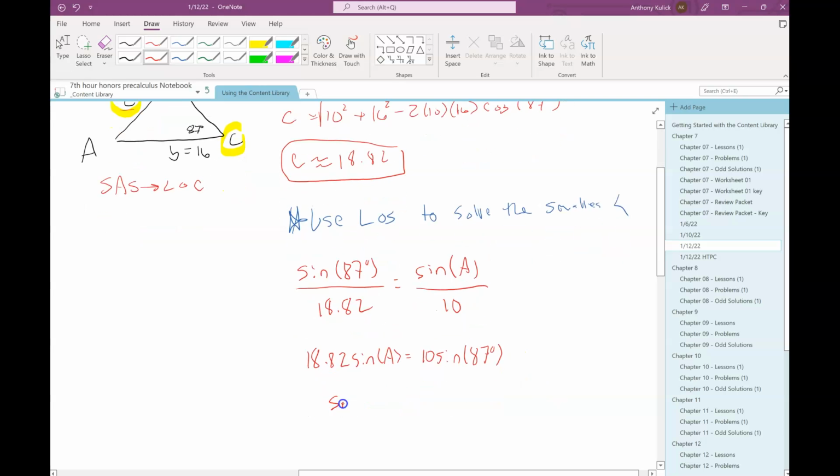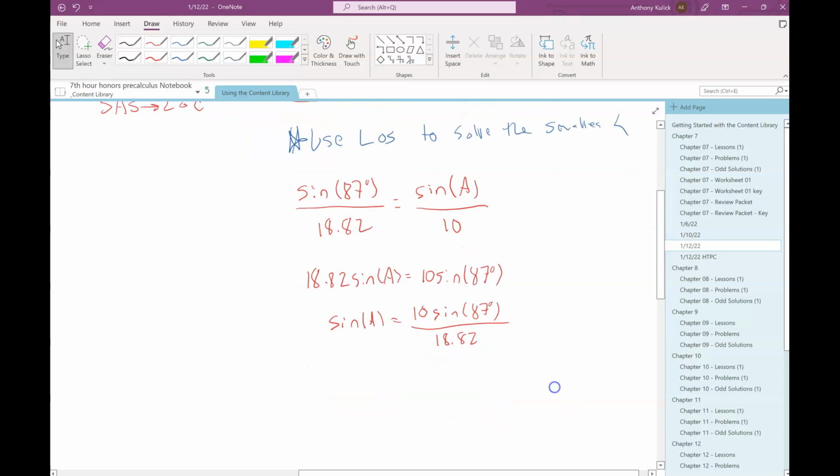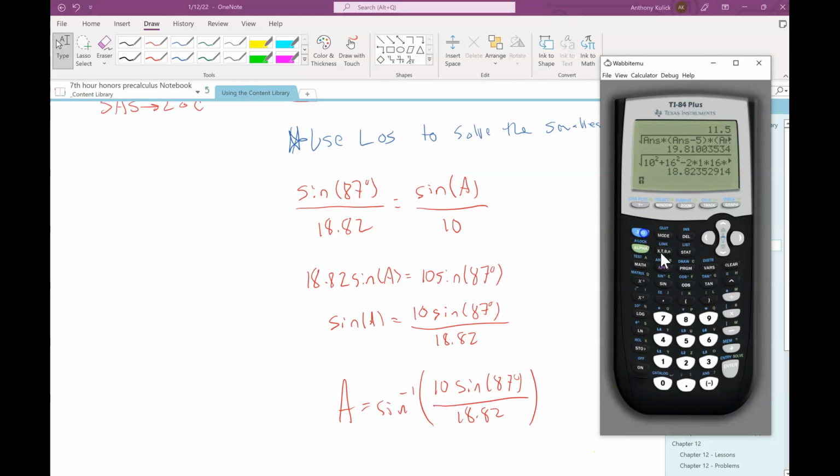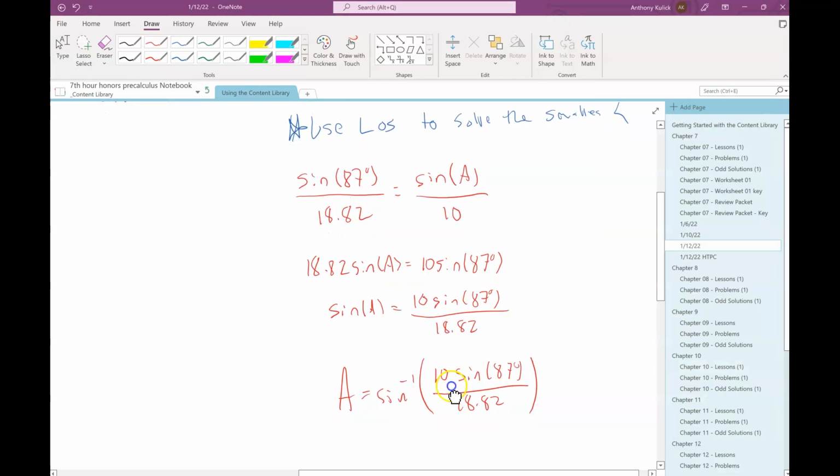We'll divide by 1882. And then we'll do the sine inverse to both sides. So sine inverse, fraction, 10 times sine 87, divided by my previous answer. So there I get 32.04 degrees.